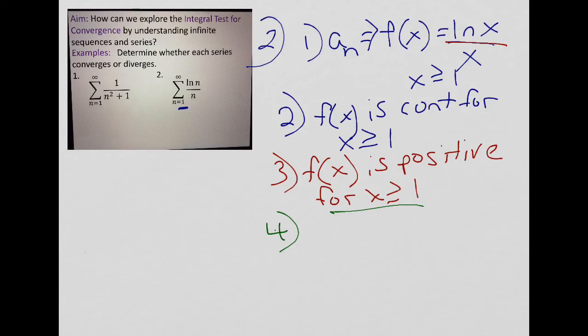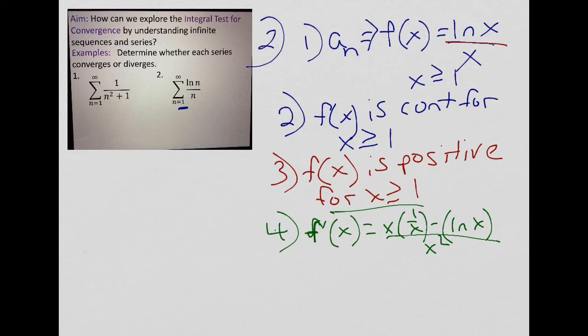So number 4, to see if f is decreasing, we're going to take f prime of x. With this, we would probably do the quotient rule because we are dividing by x. So bottom times the derivative of the top, minus top times the derivative of the bottom, which is 1, we don't need that there, over the bottom squared.